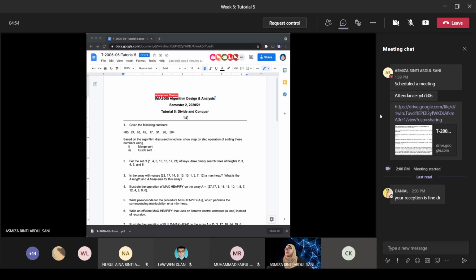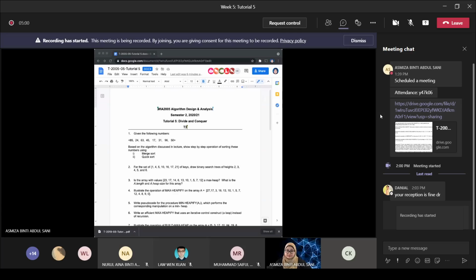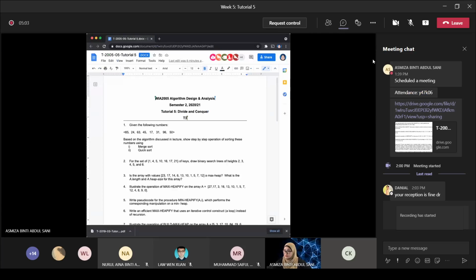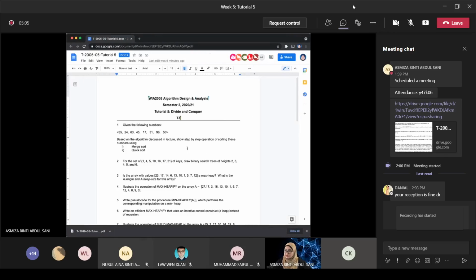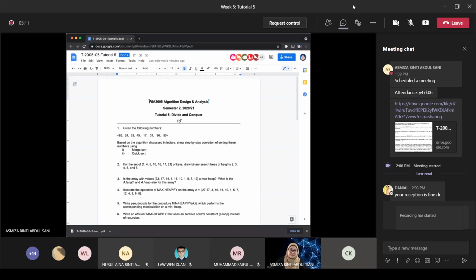So today we're going to be looking at tutorial 5. As usual, we are going to be doing this on our Google Docs. As we have seen in our lecture on Tuesday, we looked into divide and conquer algorithms. If you remember, all the algorithms have 3 distinct stages.